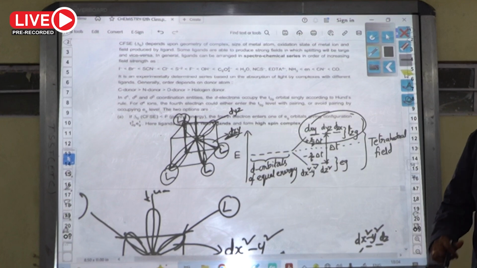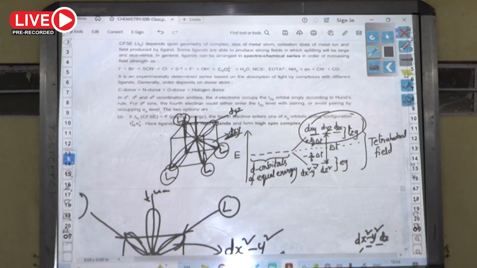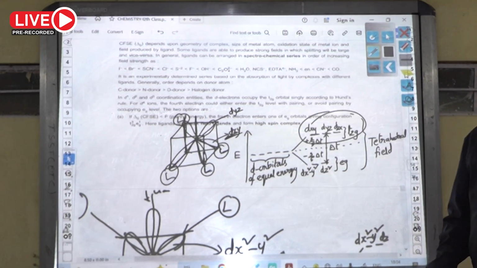But in the examination, the most important thing is: octahedral splitting is caused by how many ligands? 6 ligands.